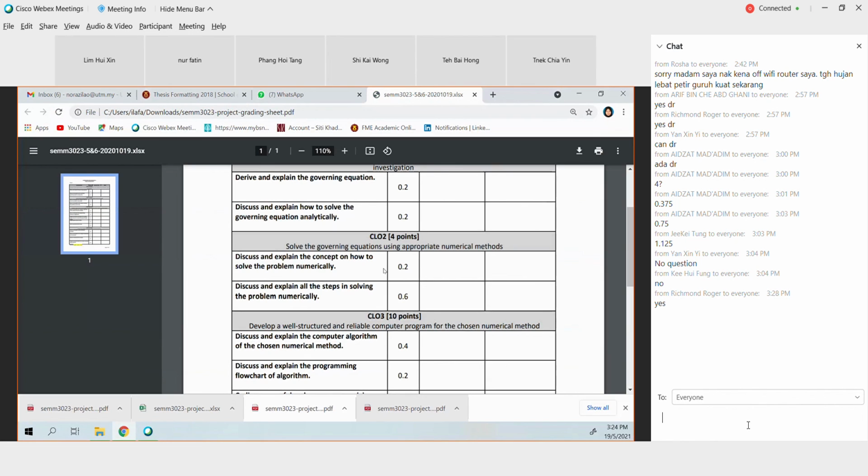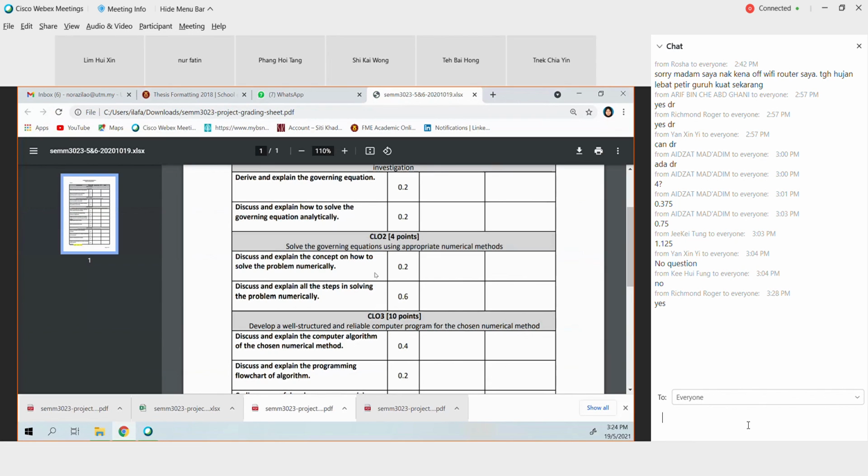When you use a specific numerical method, please discuss it in a proper way. Okay, because we would like to make sure that all the students are able to do the discussion. When you do the discussion, please make sure that you use passive voice sentences, not active voice.